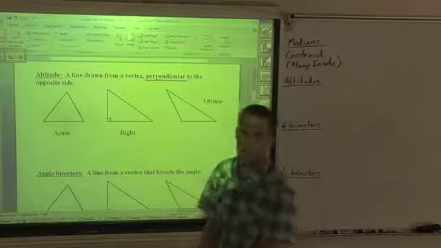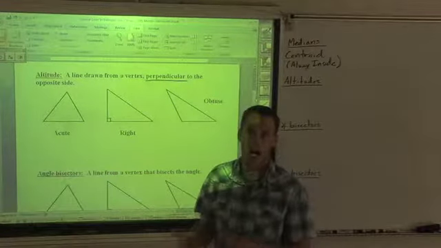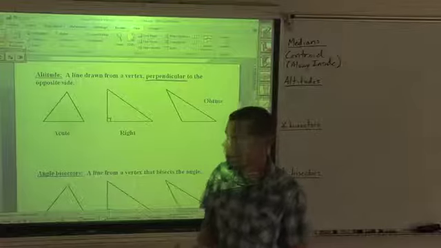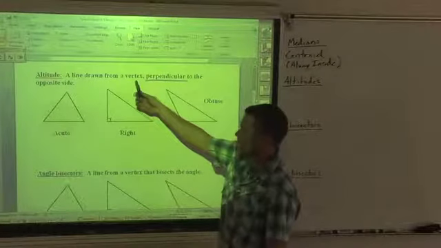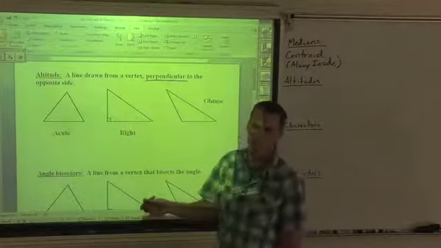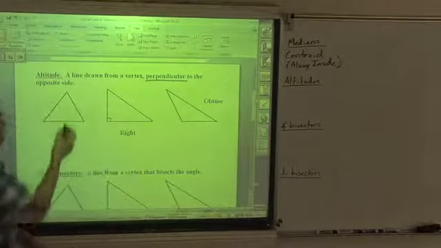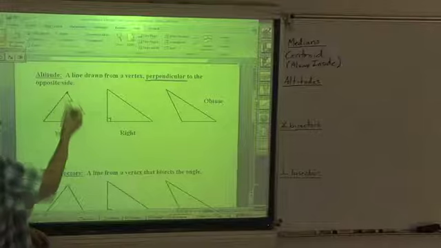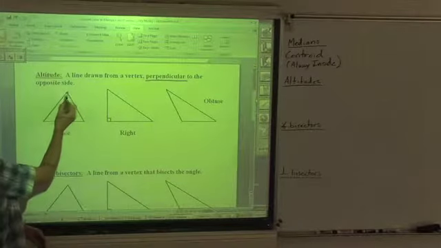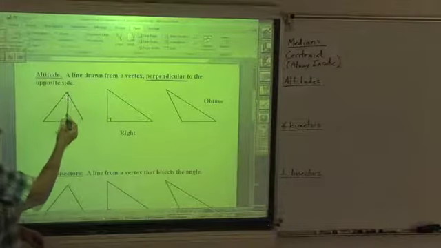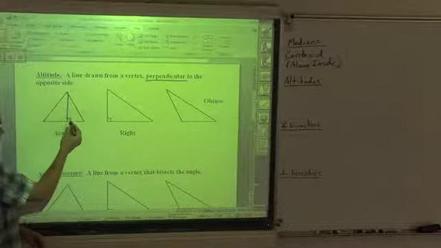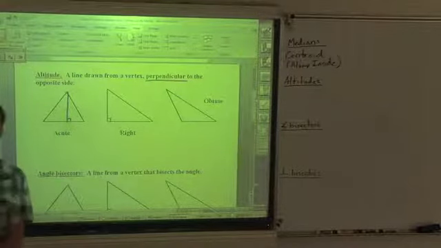The key word now is perpendicular, which means I'm looking for right angles. Again, I'm going from a vertex, and this time I'm going perpendicular to the opposite side. So I'll start again with my acute triangle, and I'll put my dot here. That's my vertex, but now I want to go perpendicular to the other side. So I just want to go straight down and form a right angle.